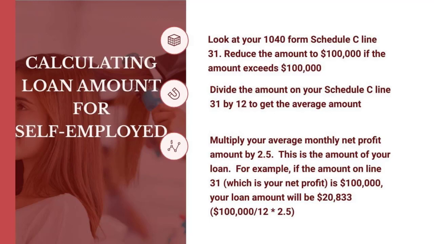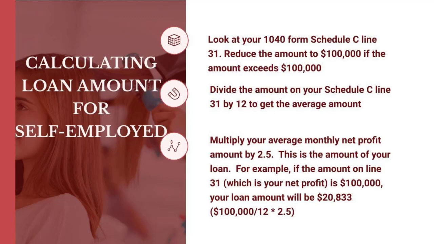monthly income for 2019. Once you've determined your average monthly income for 2019, you're going to multiply that amount by 2.5. And the result is going to be your loan amount. Say, for example, if the amount on line 31, which is your net income, is $100,000, your loan amount is going to be $20,833.